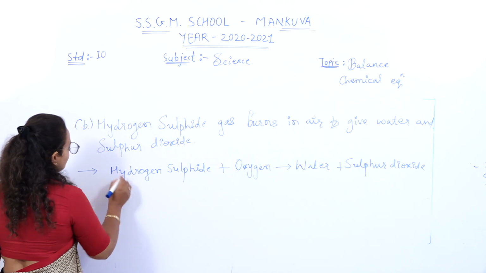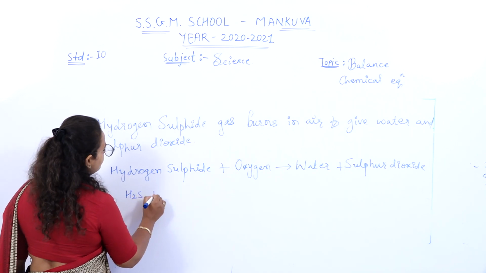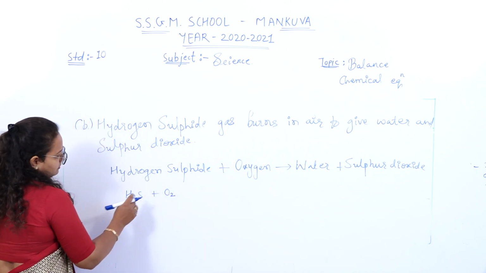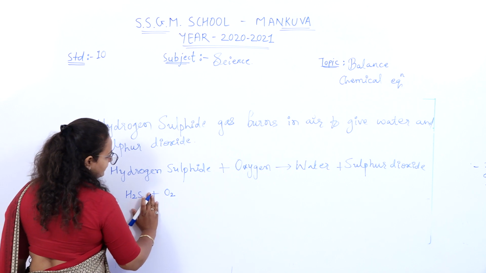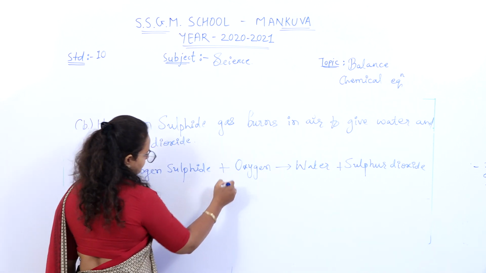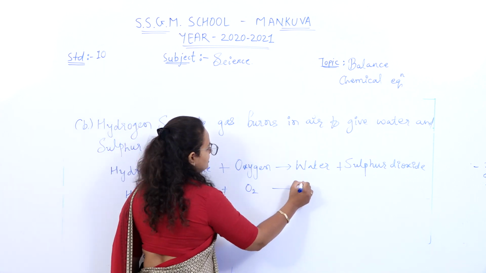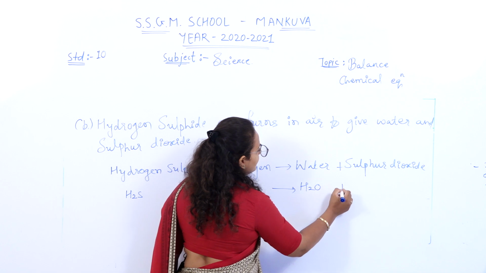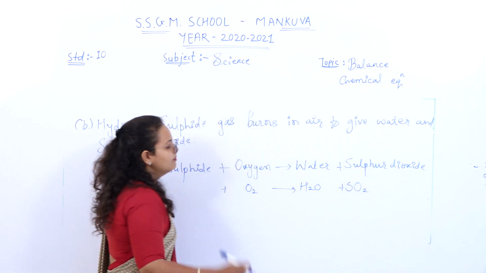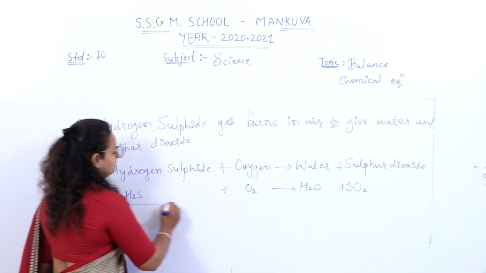Do it quickly. Hydrogen sulfide, which is H2S, plus oxygen, which is O2, gives water, which is H2O, and sulfur dioxide, which is SO2. Okay. The next step, make a table.